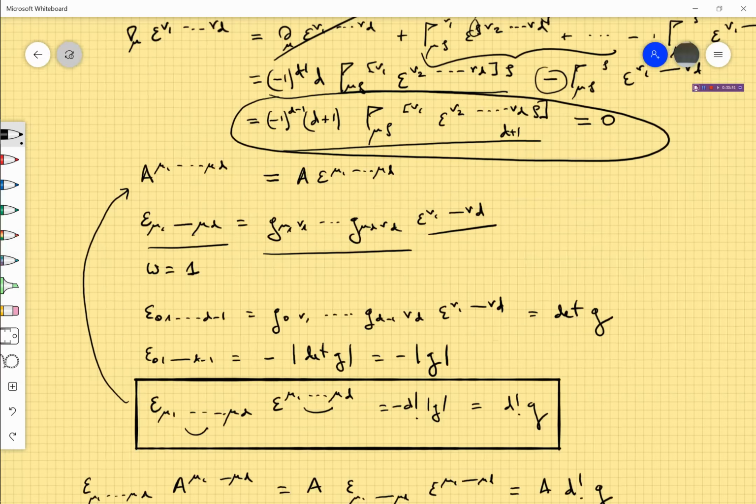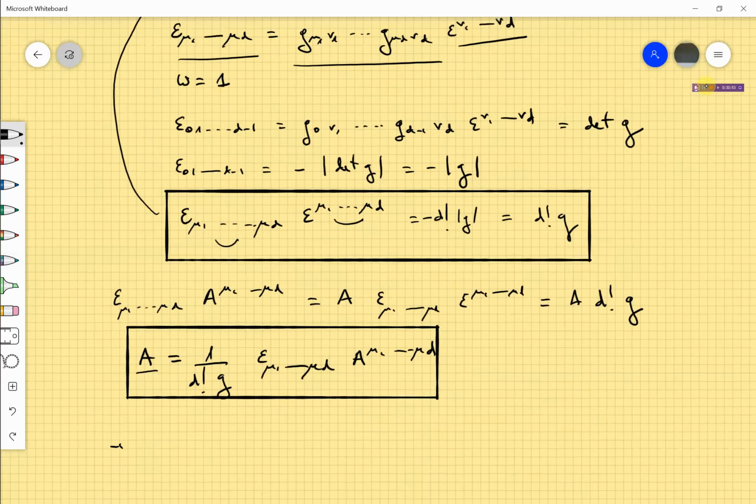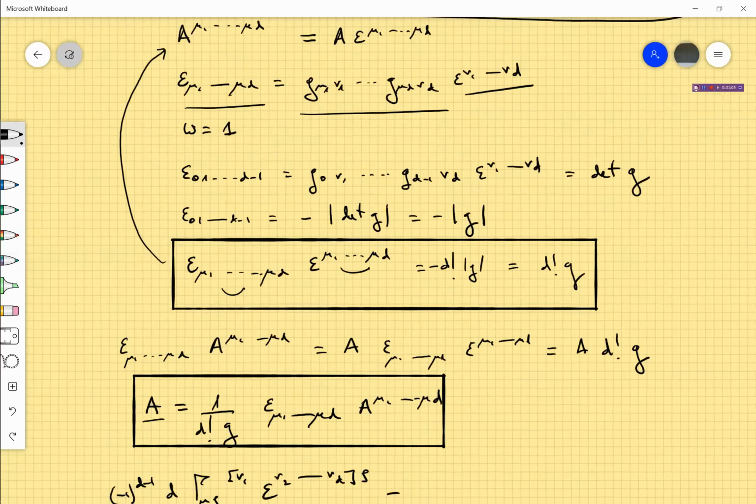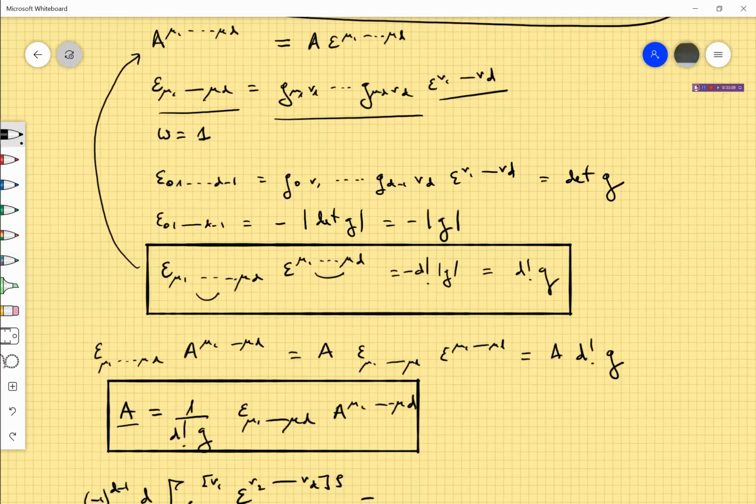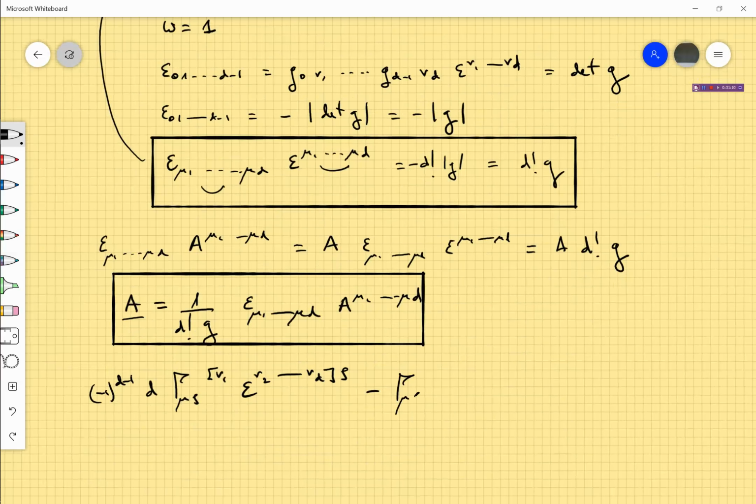I would take minus 1 to the d minus 1 times d omega mu rho epsilon nu mu2 mu d rho minus, on the second term, mu rho epsilon nu 1 nu d. I know that this is proportional to epsilon nu 1 nu d because it has all d antisymmetrized indices.